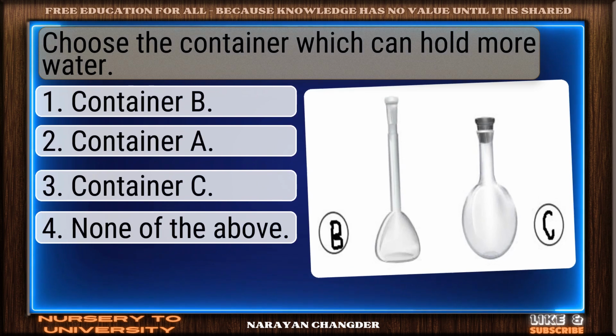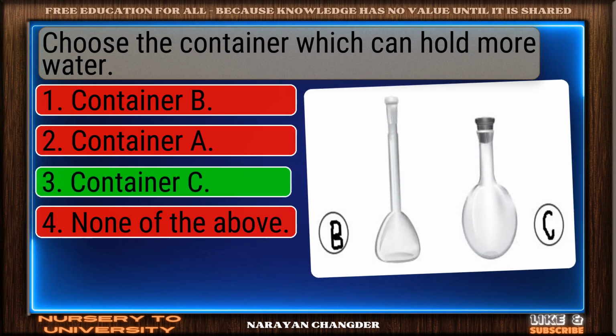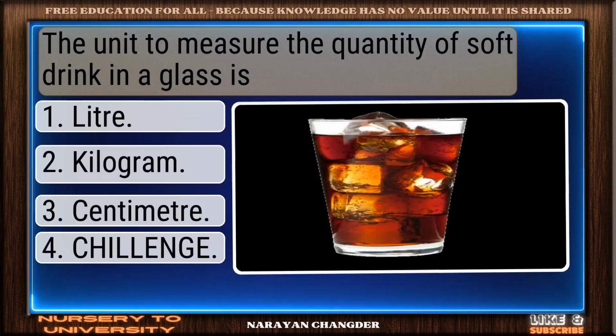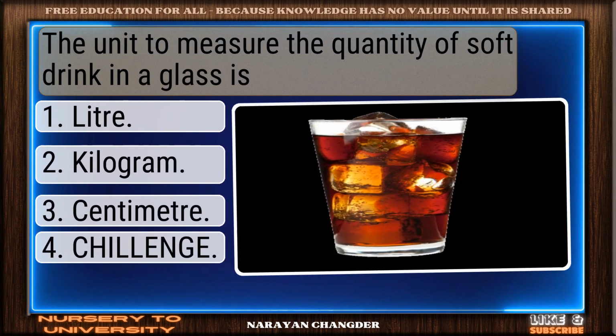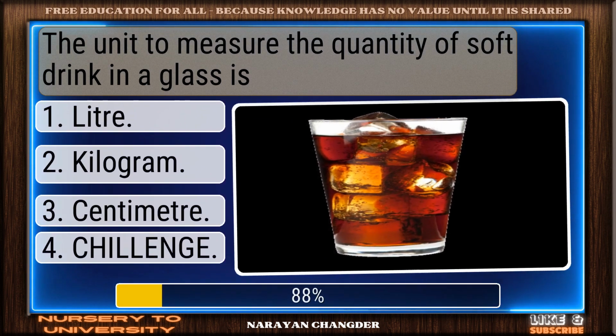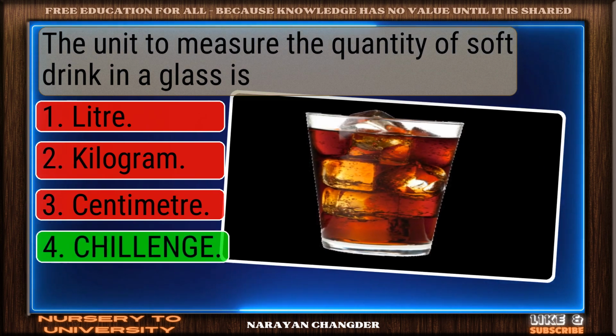Choose the container which can hold more water. Sharp thinking. Container C is the right choice. The unit to measure the quantity of soft drink in a glass is? You got it. Your choice milliliter is right.